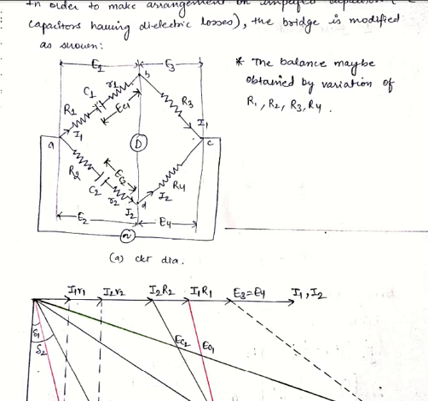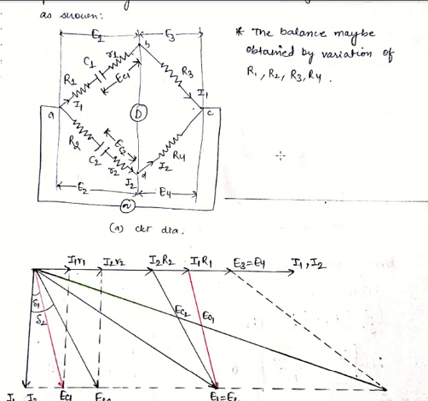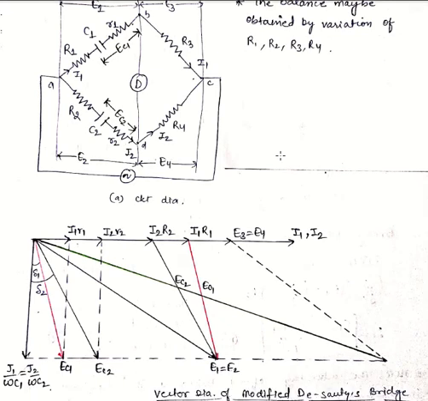The dielectric losses in C1 are represented by r1 and the dielectric losses in C2 are represented by r2. Here R1, R3, R2 and R4 are variable resistances. The balance may be obtained by the variation of these R1, R2, R3, R4.